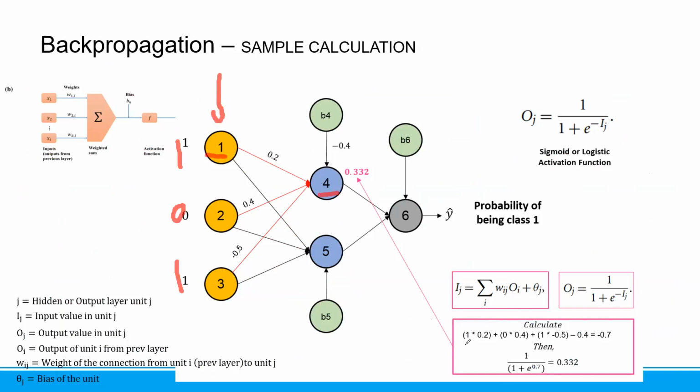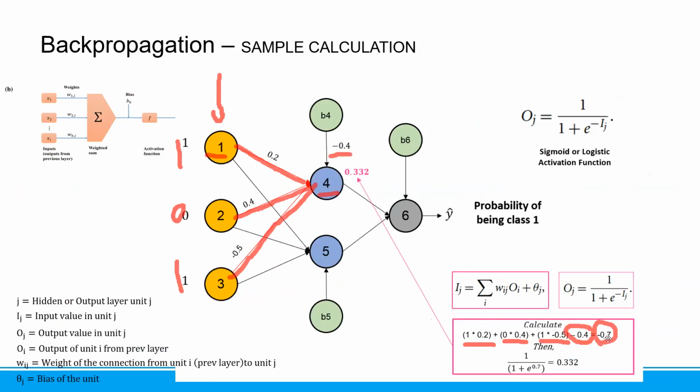So I have 1 multiplied by 0.2, plus 0 multiplied by 0.4, plus 1 multiplied by minus 0.5. And then I'm going to add the bias, which is minus 0.4. Then the result is minus 0.7.